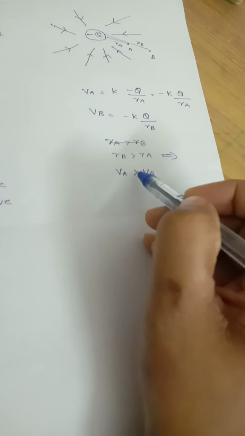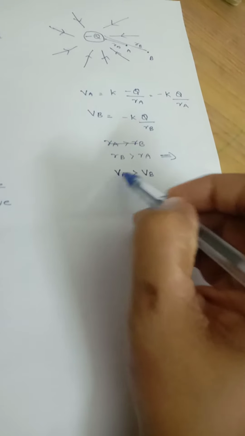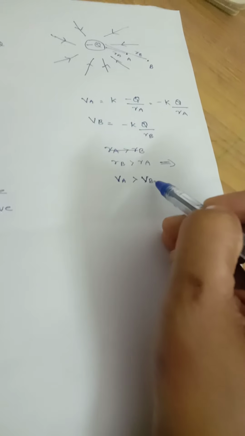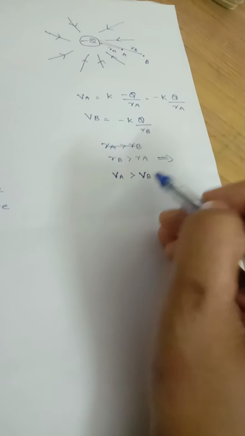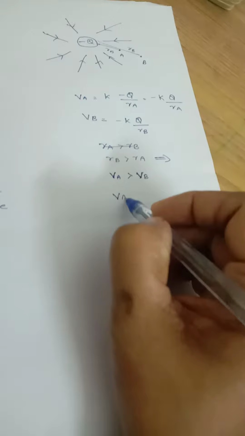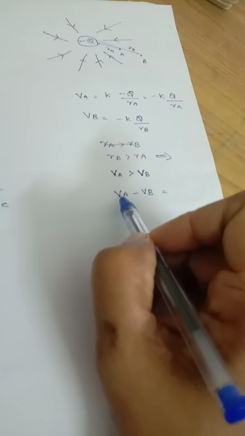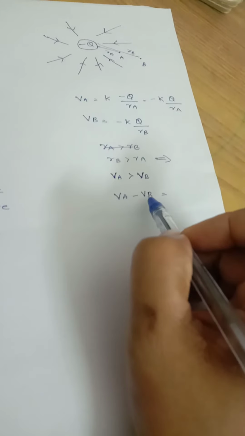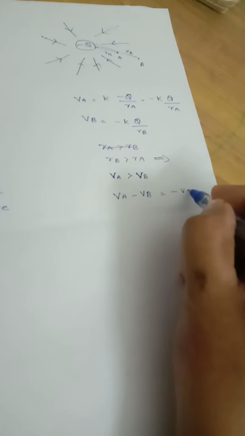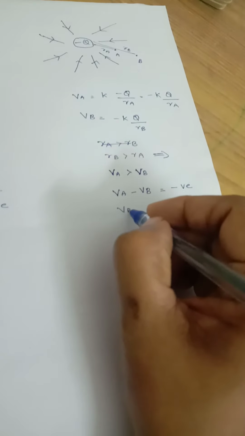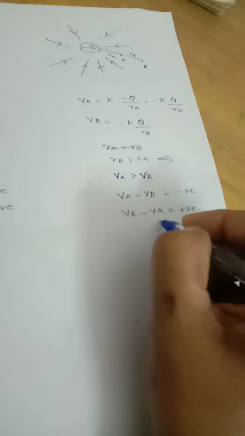So Va being greater means Va is more negative than Vb. If you consider Va minus Vb, Va is more negative and Vb is less negative, which means Va minus Vb will be negative, and Vb minus Va will be positive.